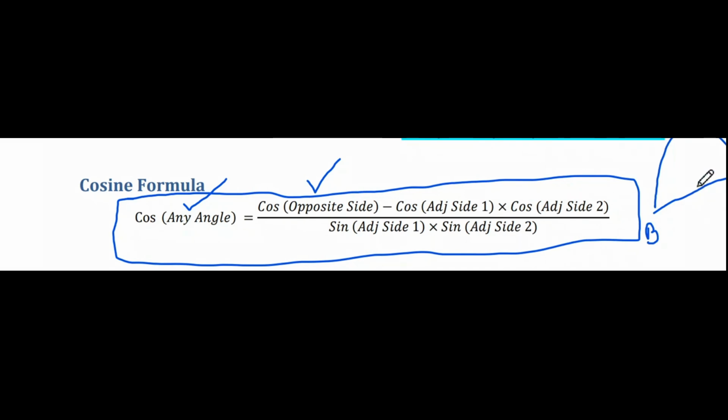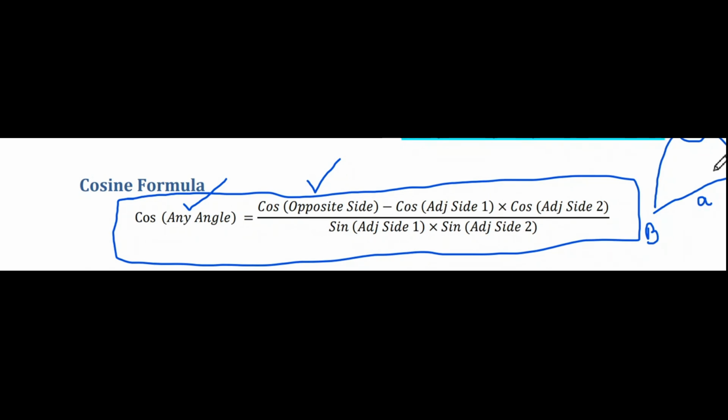In this triangle, let's consider angle A. If I consider angle A, which will be the opposite side, beta? Small a, or BC. You can call it small a or BC, one and the same thing.